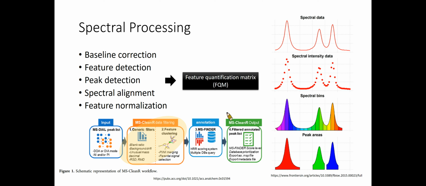The data resulting from the spectral processing is generally arranged in a feature quantification matrix that contains the quantification of the metabolic features of all the analyzed samples, and that will be used as input for subsequent statistical analysis.